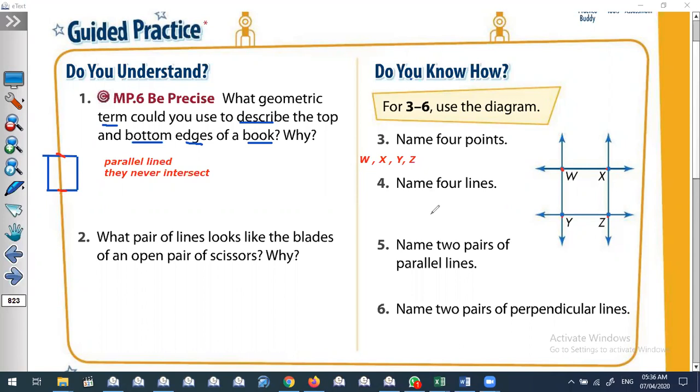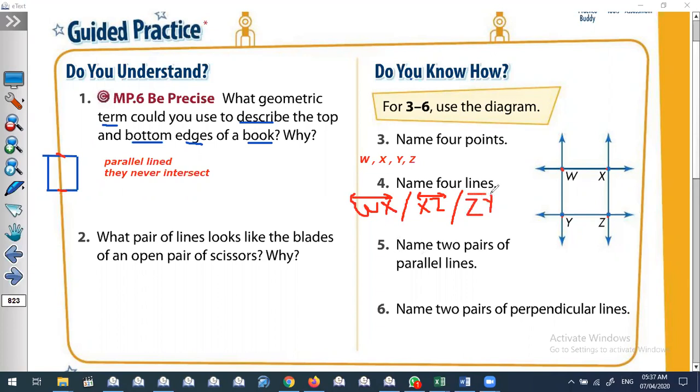Name 4 lines. The first line I can say is WX, and make the line sign up. What else? XZ is a line also. ZY is a line.